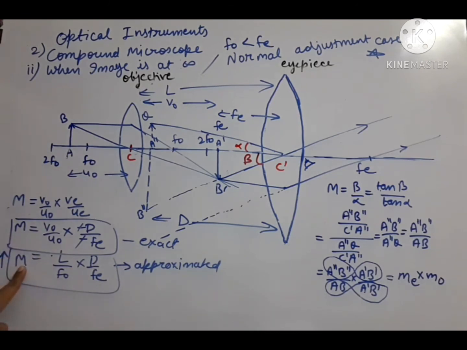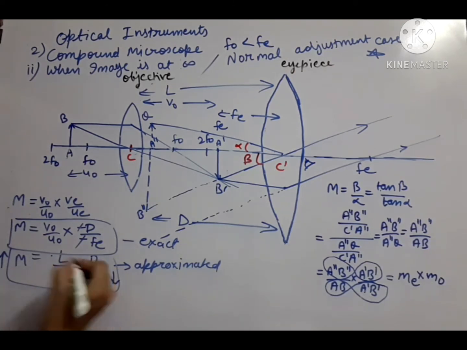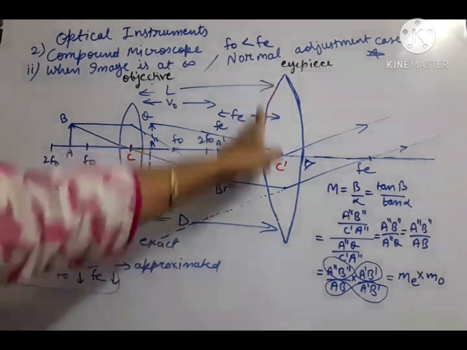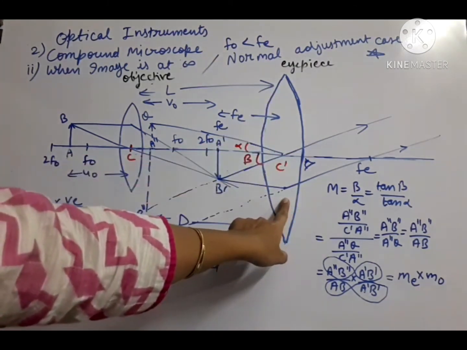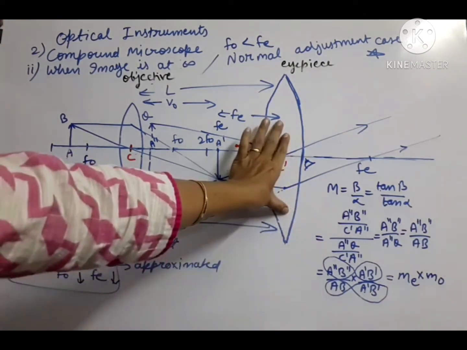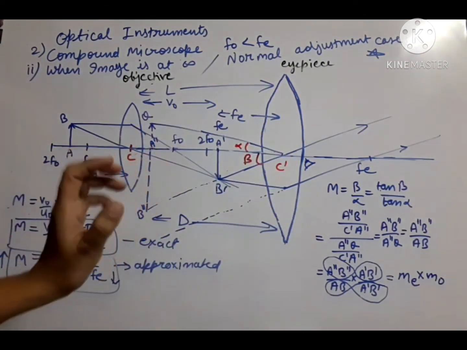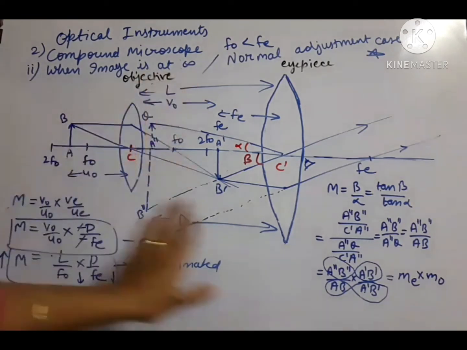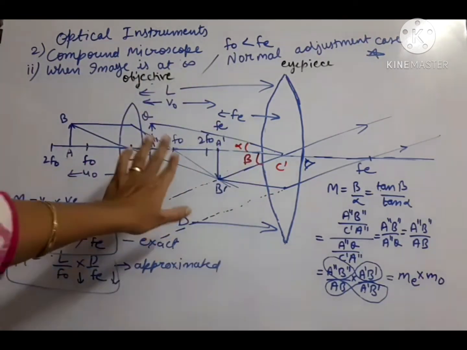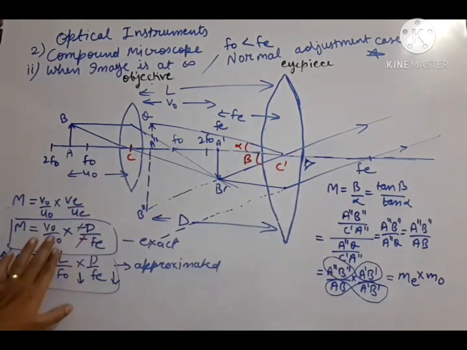It is obtained when both FO and FE are smaller. This is also smaller, this is also smaller. But comparatively, to increase the field of view of eyepiece, its aperture and focal length should be greater than objective. Okay, so this last point we will note down. So note down all this, draw the ray diagram and note down the derivation part.